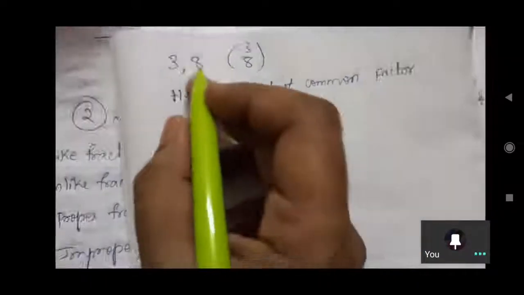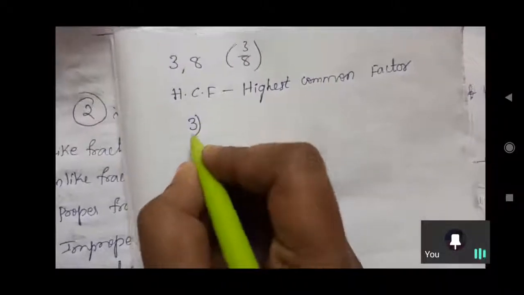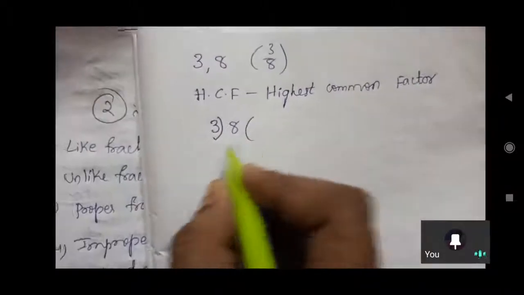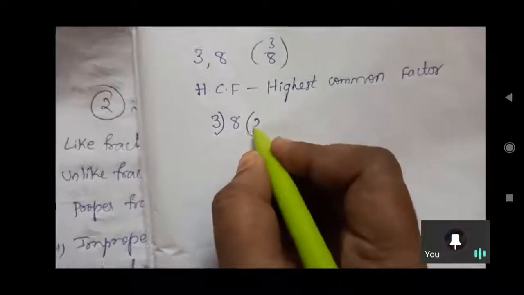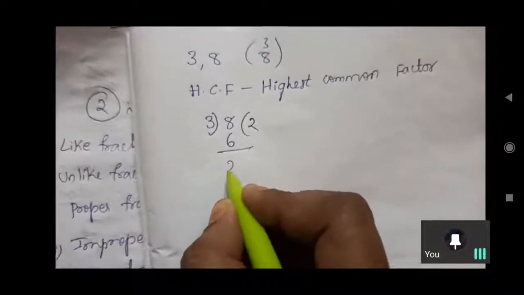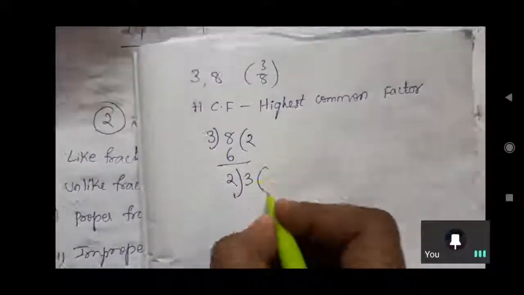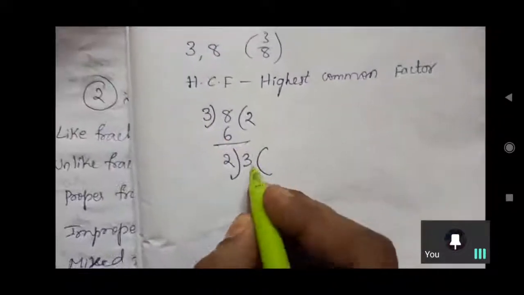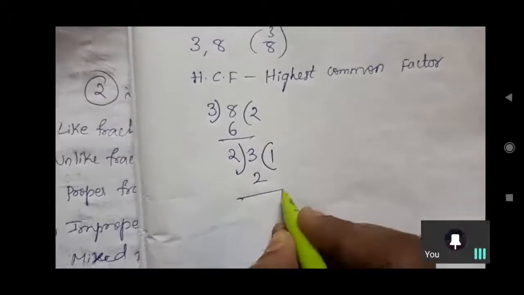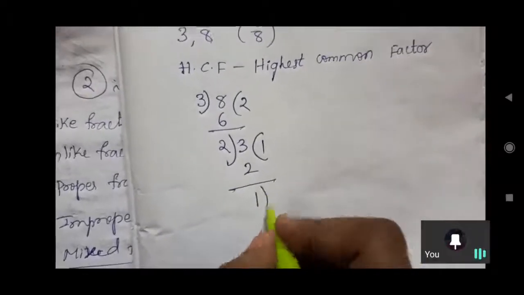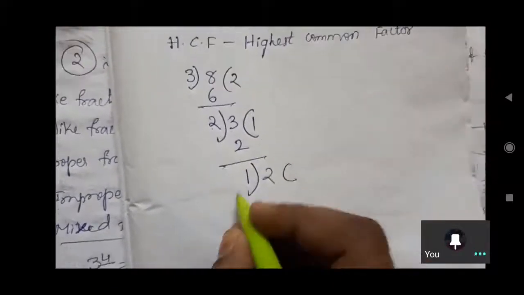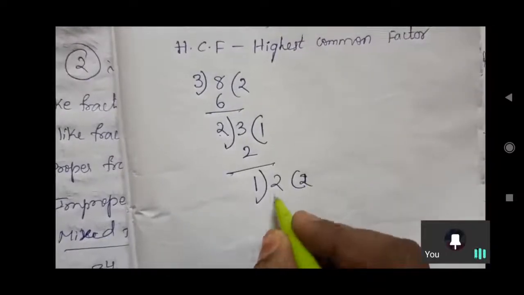We can find it like this, with 3 and 8. We divide like this. 3 2s are 6, and 2 is the remainder. Again, take this divisor as the new dividend. 2 1s are 2, and the remainder here is 1. Again take this: 1 2s are 2, remainder 0.